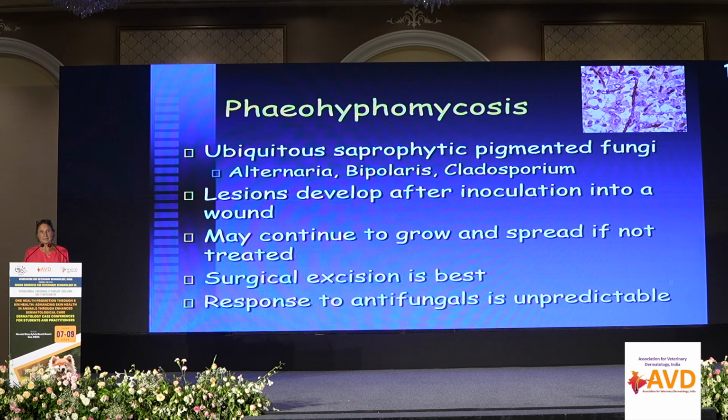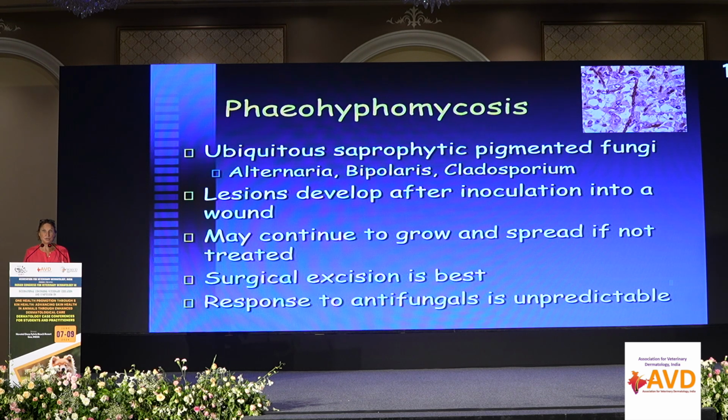Now, there are some fungi that are pigmented. The disease is called phaeohyphomycosis, but it's a group of fungal infections, not just one. Again, these are organisms that are inoculated by accident in the skin, sometimes by a dirty needle, and then you have nodules that continue to spread, and they're all pigmented.